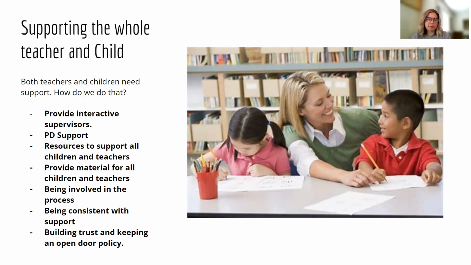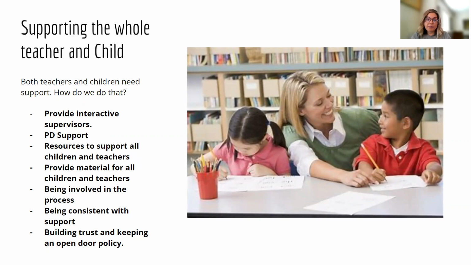Other ways to support would be providing materials for all children and teachers. Sometimes you're in an environment where you don't have all the materials you need. I need extensions on certain materials because maybe a child has mastered this material, and we have to add more extensions so they can continue to grow and learn. And not all schools have the funds to do that.